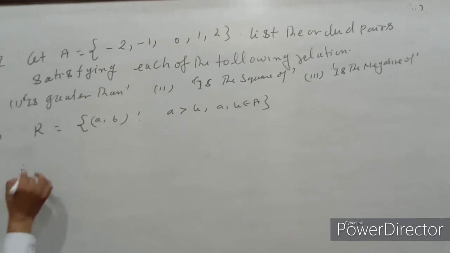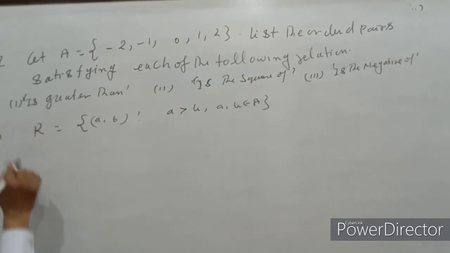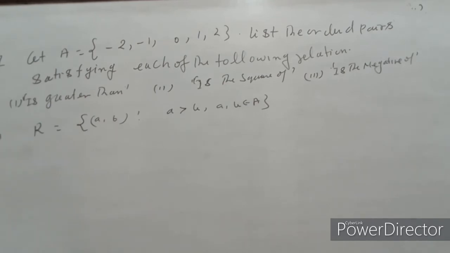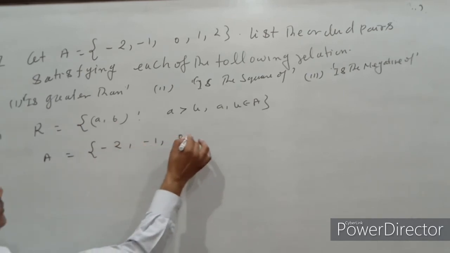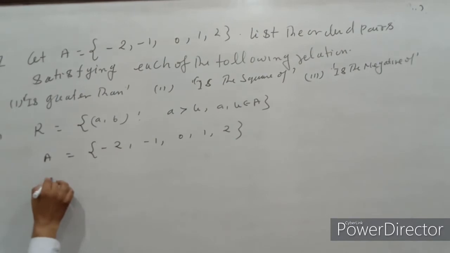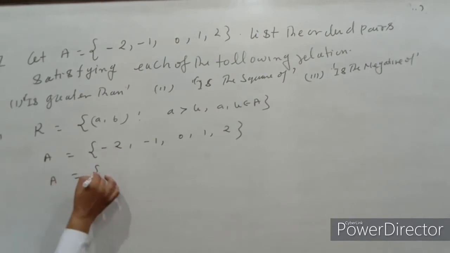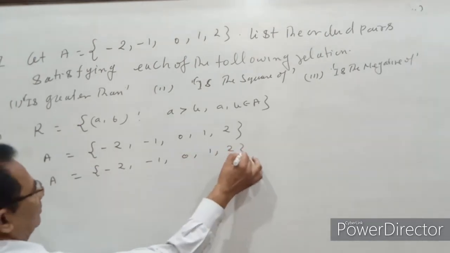So we have to give the list of all ordered pairs. First of all we write A is equal to {-2, -1, 0, 1, 2}.